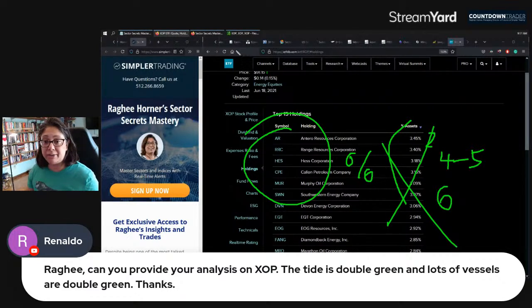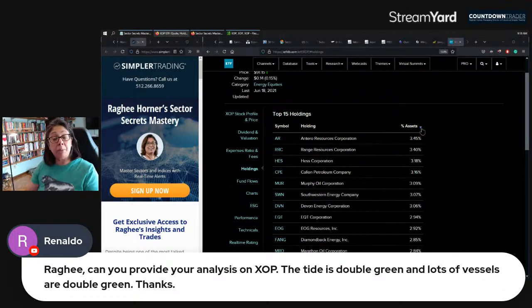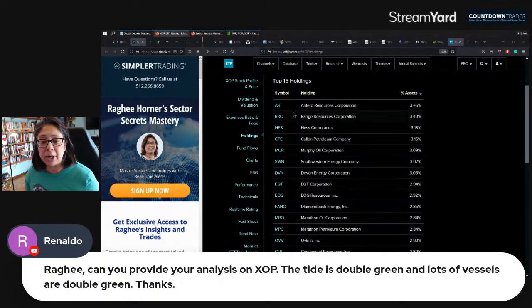Notice that's not the case on XOP. While there are a number of names that are usually in the top 15, the top 10, there's no individual stock that has a disproportionate impact on XOP.